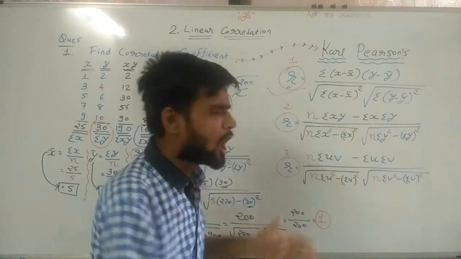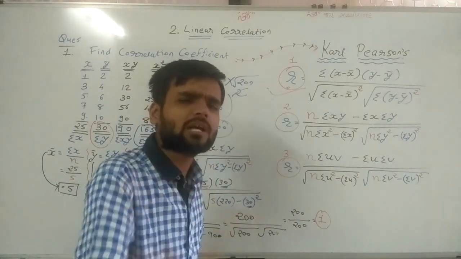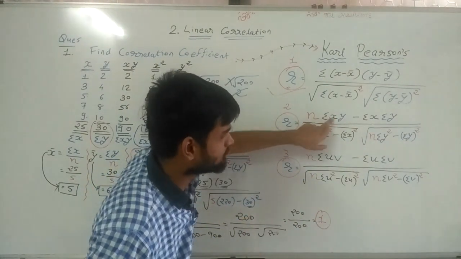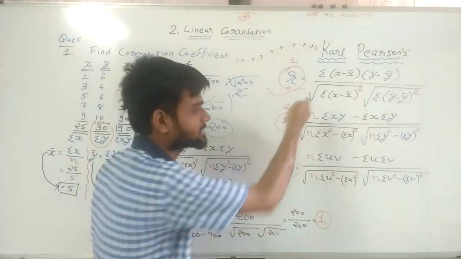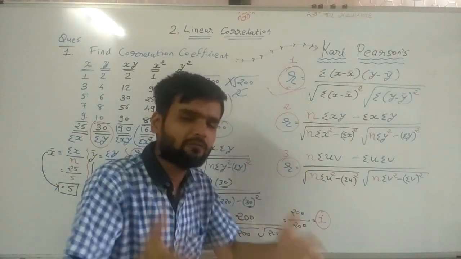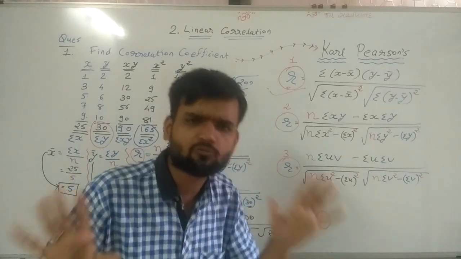Third formula. Now how can we prepare the third formula? Just replace x by u and y by v. If we replace x by u and y by v, then we get the third formula, the simplest formula.